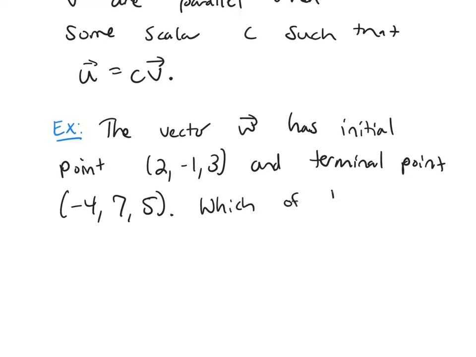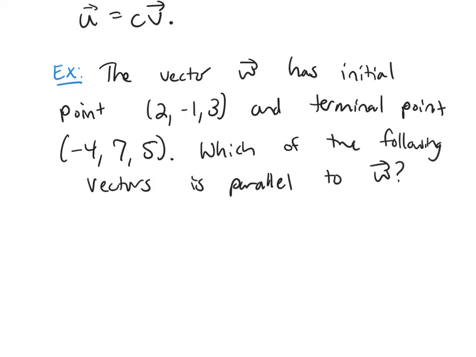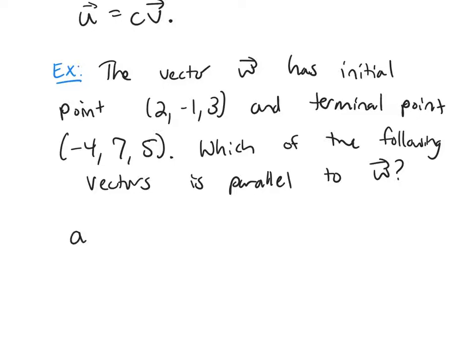Which of the following vectors is parallel to w? So I'm going to ask, is w parallel to the vector u, which would be 3, -4, -1?